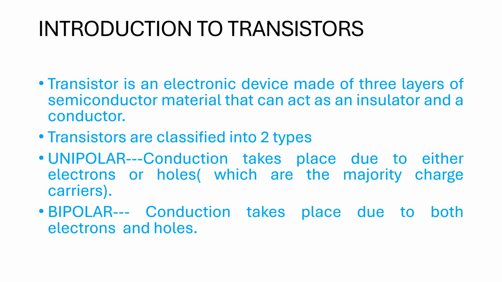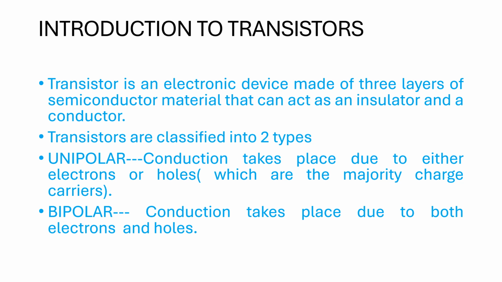If the layer is p type, the majority charge carriers are holes, and the conduction takes place due to the holes. The minority charge carrier conduction by electrons is negligible. At the same time, if the material is n type, majority charge carriers are electrons, and the conduction takes place due to the electrons in the unipolar.